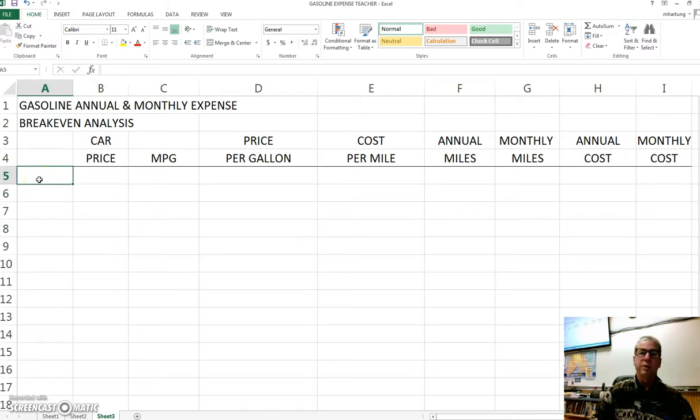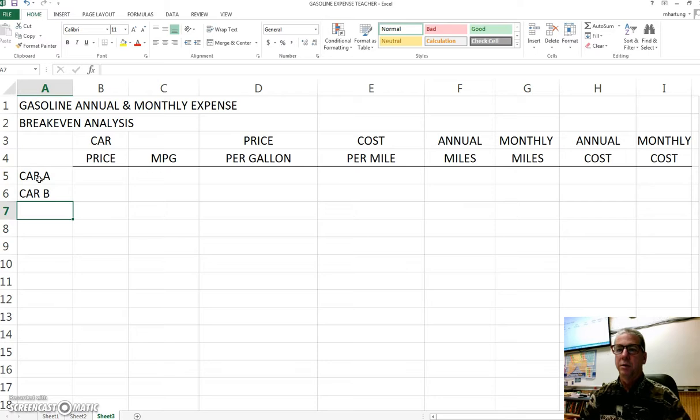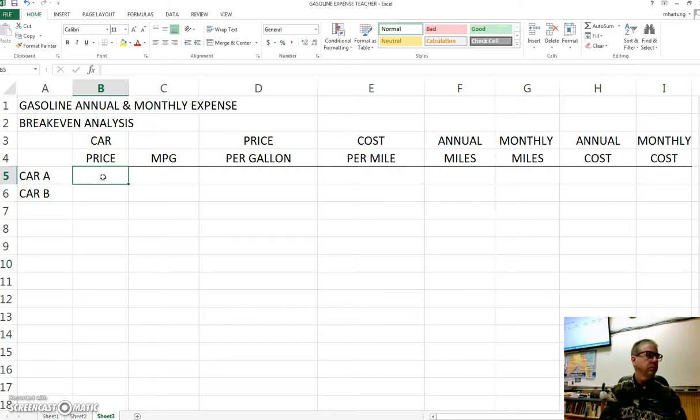And then because we're going to be comparing 2 cars, we're going to put in car A, car B. So we'll just list those over here on row 5 in this example. Car A, car B. Car A, $38,000 is the price tag.